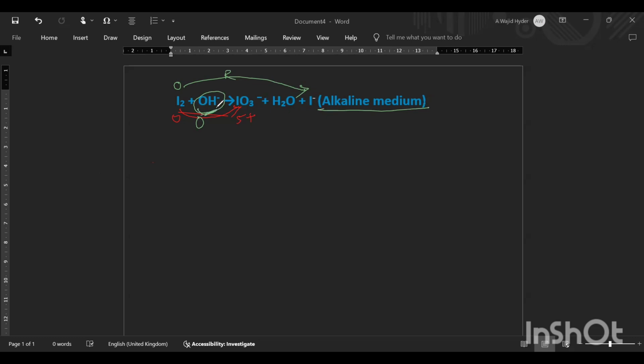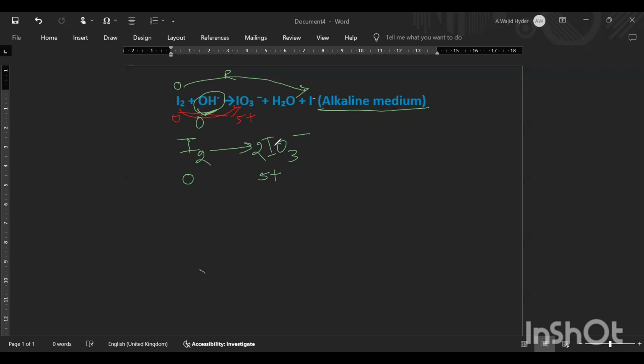Now see, the same way as we did in the previous case, we'll convert this I2 into IO3-. Here 2 iodine, so there also you'll write 2 iodine. One iodine has 0 and the other iodine has 5+ oxidation state.